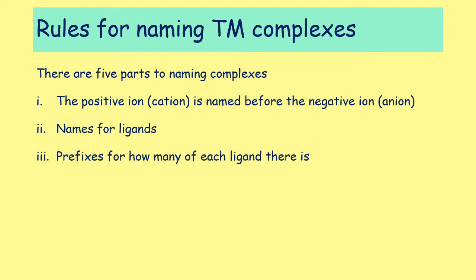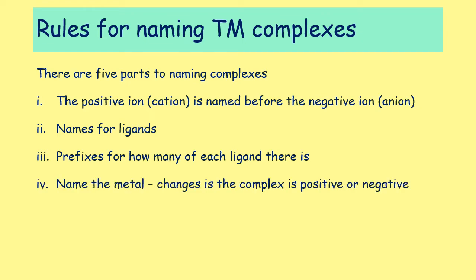The third thing is that depending on how many of each ligand there is, you're going to need to use a prefix to describe how many there are of each ligand. The fourth part is the name of the metal. Now this is frustrating because the name of the metal will slightly change depending on whether the transition metal complex is overall positive, overall neutral, or overall negative.